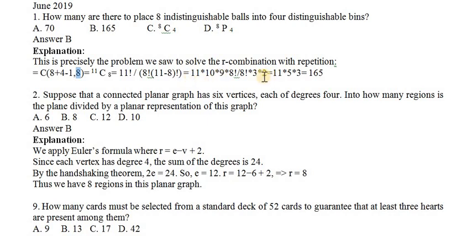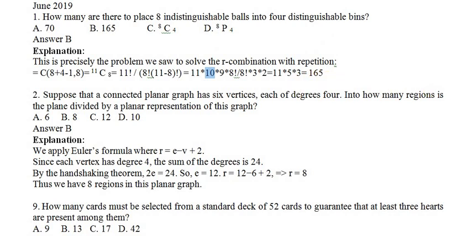After cancelling 8 factorial, you will get 11 into 10 into 9 divided by 3 into 2. Now we cancel 9 by 3, and 10 by 2, which gives 5. Okay, 11 into 5 into 3, which is 165.